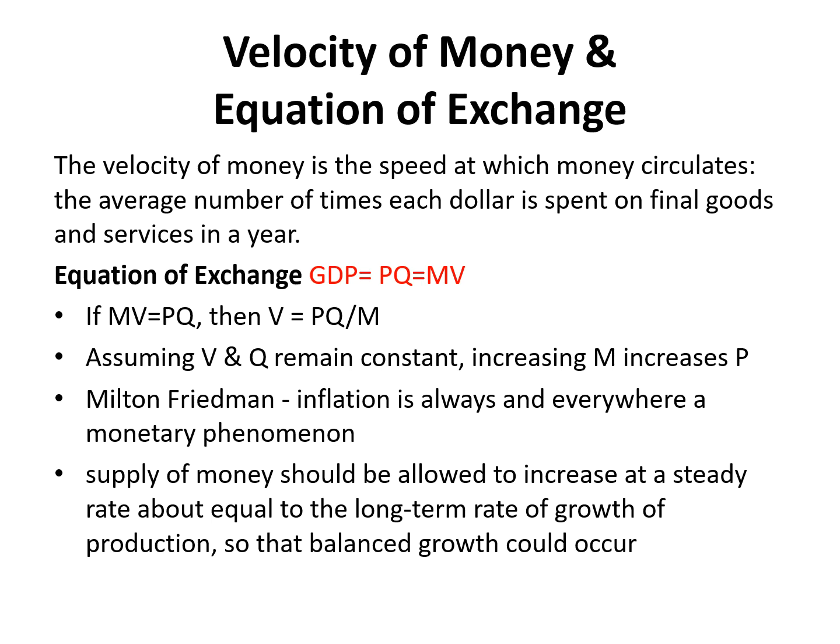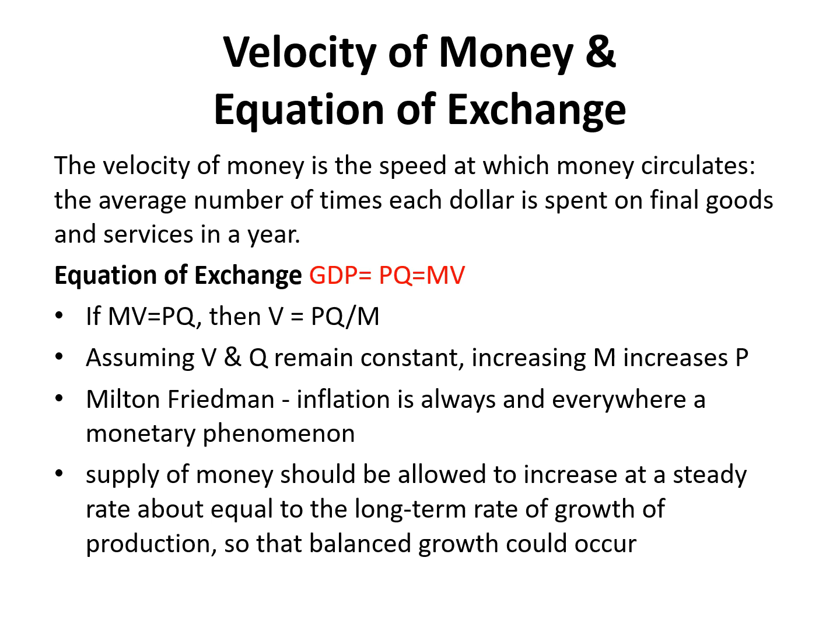Milton Friedman argued inflation is always and everywhere a monetary phenomenon. Therefore, increasing M, the money supply, increases P, the price level, causing inflation. The monetarists argued the Fed does more harm than good and is completely unnecessary. Their position is straightforward.